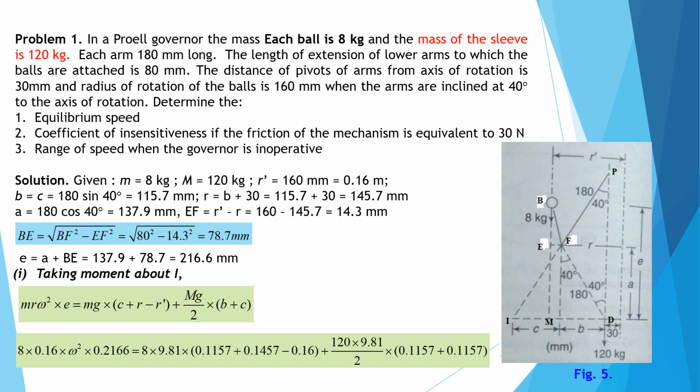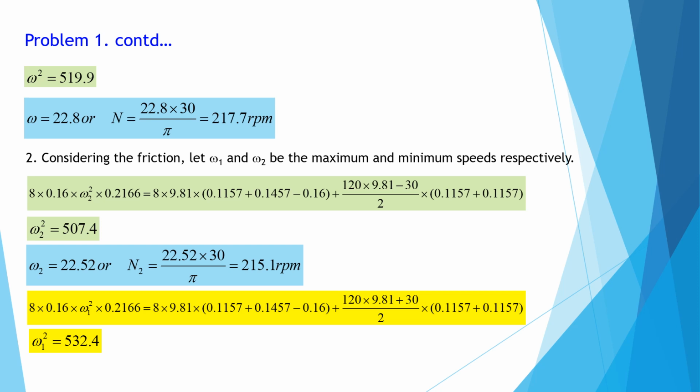By solving this equation, the angular speed omega is equal to 22.8 radian per second, or N is equal to 217.7 rpm.